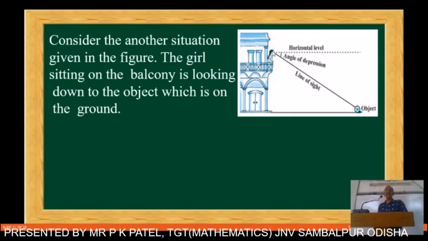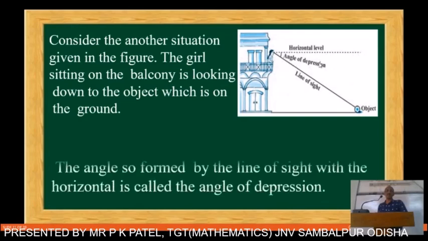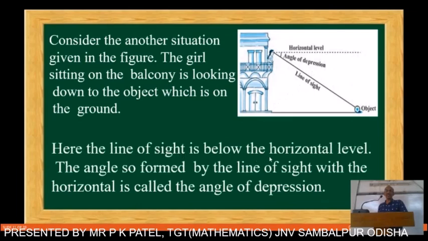This girl is looking at the object on the ground, and she is on the balcony. So this is the horizontal line. This one is the line of sight, and the angle between this horizontal line and the line of sight is the angle of depression. Here the line of sight is below the horizontal level. The angle so formed by the line of sight with the horizontal is called the angle of depression.